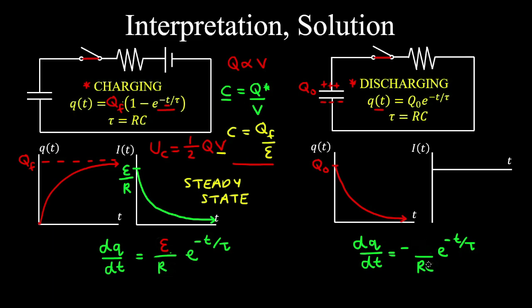So this Q0 on C is the initial voltage across the plates of the capacitor. So therefore, the current starts from minus V0 on R and then asymptotes to 0.